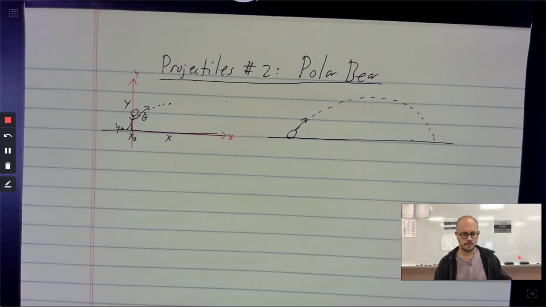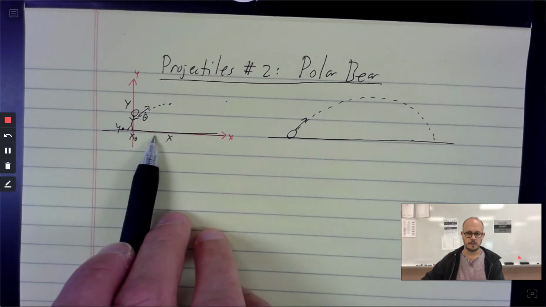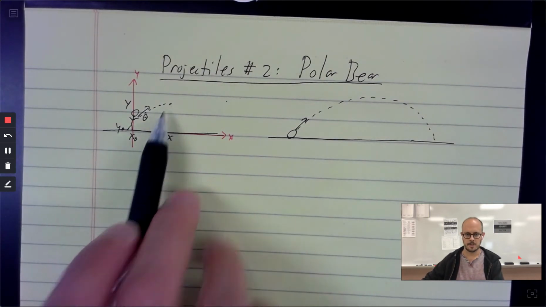But whatever way you do it, it's a certain amount of change in height, and it's easiest if we just imagine that the starting location of the polar bear is 0 meters. Everything's easier based off of that. So we can imagine that it's going to be from the ground, and then their feet are actually going to make it up here.